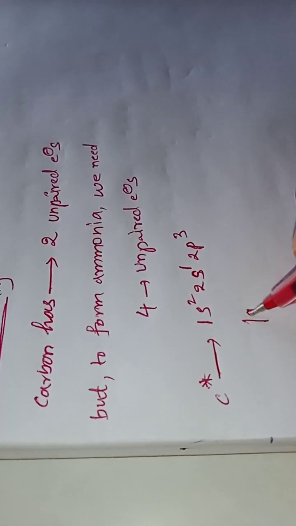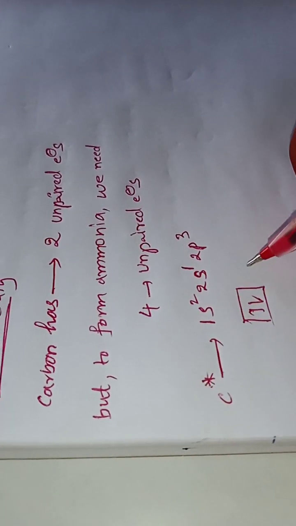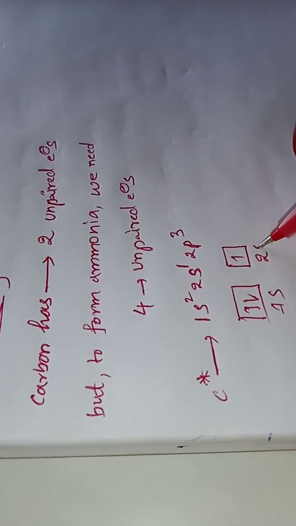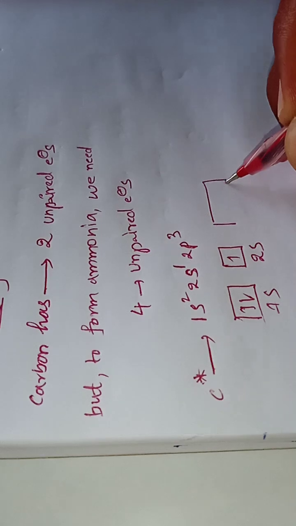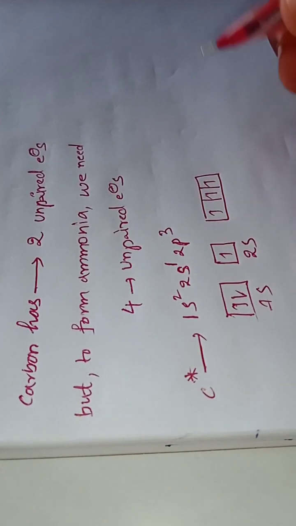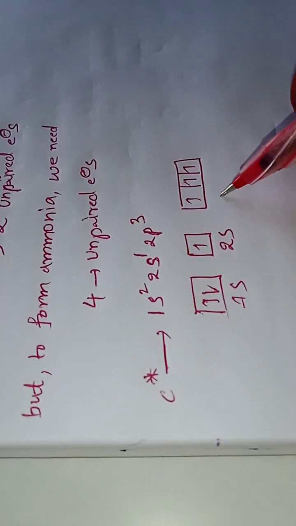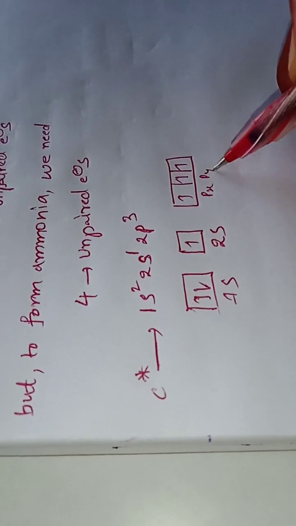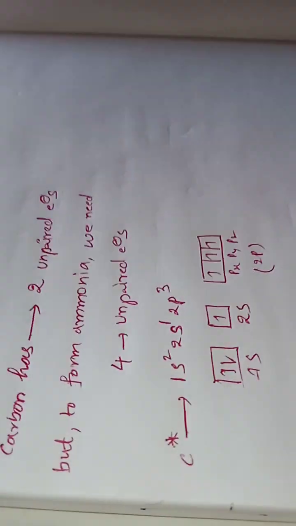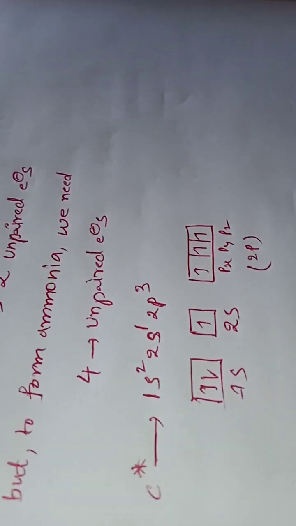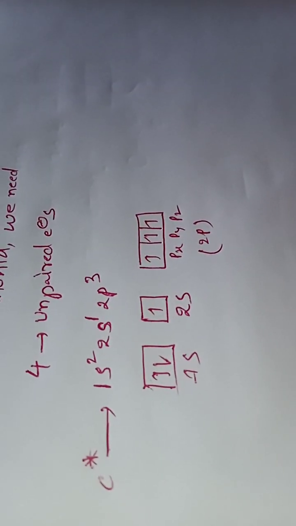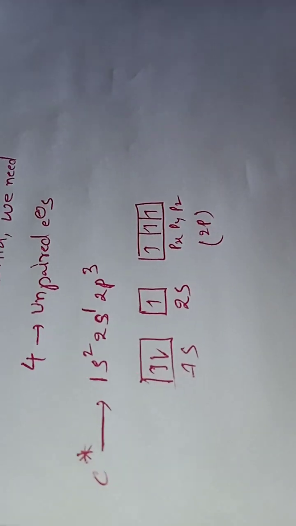That is, 1 electron in 2s and 3 electrons in 2p, with each electron in the px, py and pz orbitals.